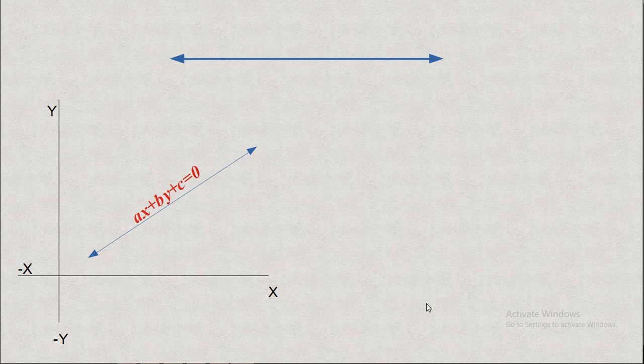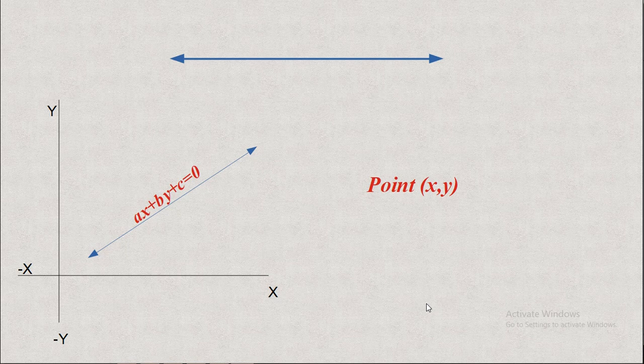Now in the previous case we have seen that x equal to 1 and y equal to 1 is a solution of that equation, and graphically we can say the solution of the linear equation is some point (x, y). That is, in the previous case, if we represent it in a graph, we can say the point (1, 1) is the solution of the linear equation 2x plus 3y equal to 5.